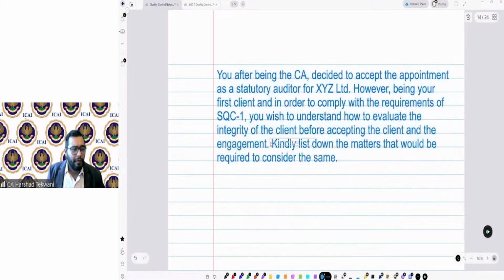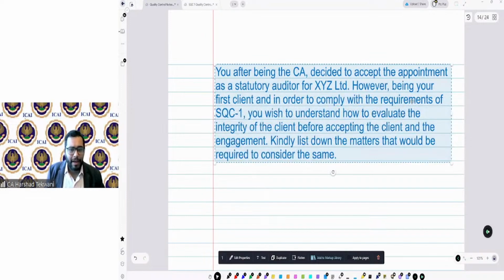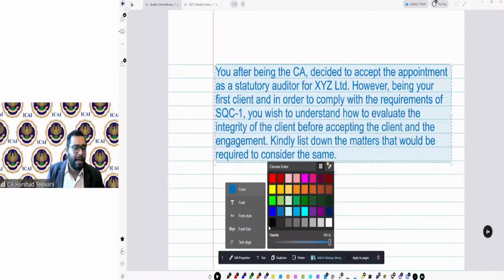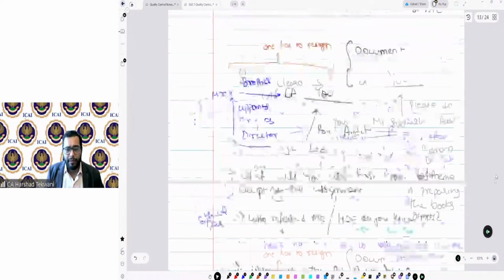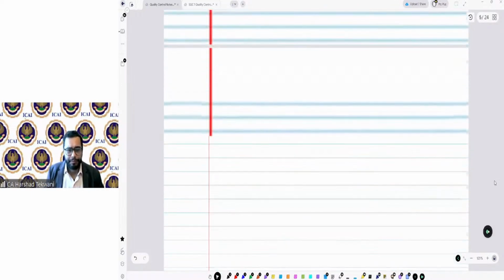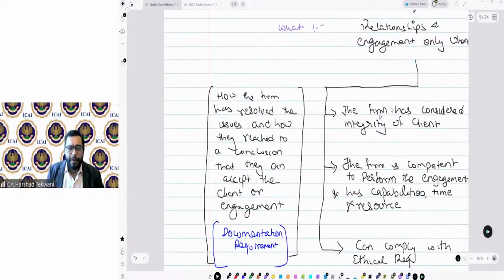Okay. Now, why am I asking this? Because we have a requirement that we discussed just now, that we are required to see the integrity of the client. First, the firm has considered the integrity of the client.